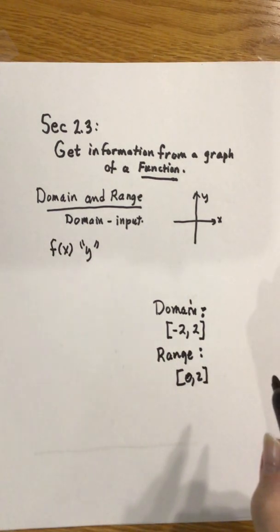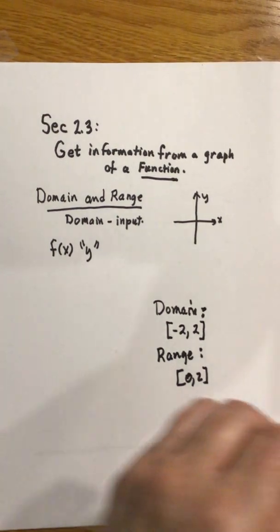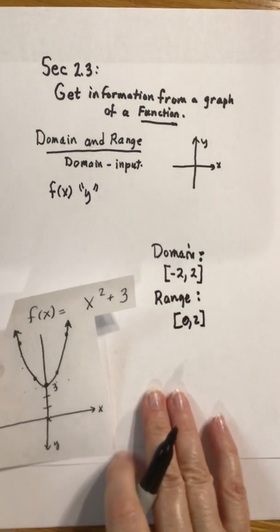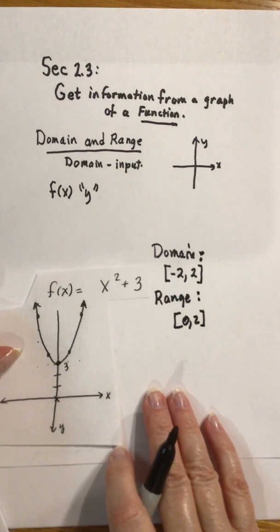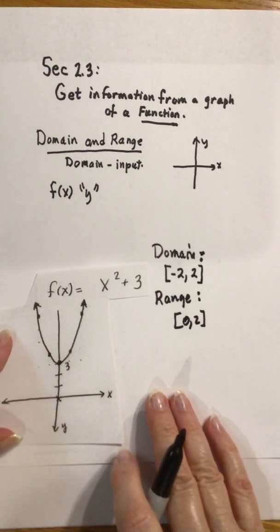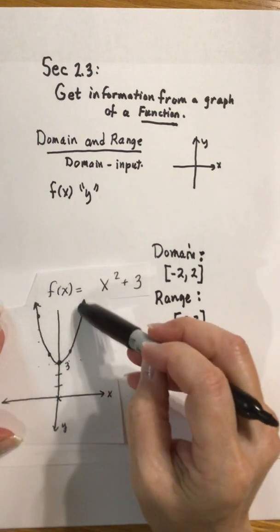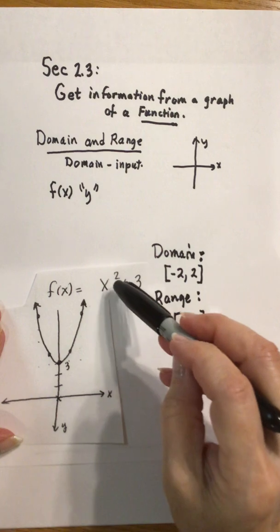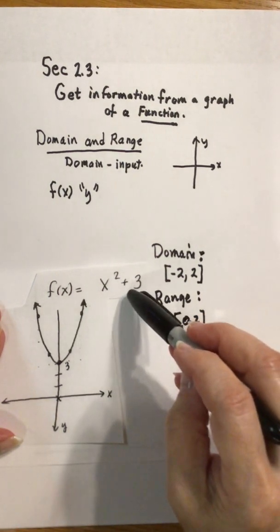Okay, the next one we're going to look at looks like this. Now, what did we call this thing, this curved thing? We've got x squared plus 3, f of x equals x squared plus 3.